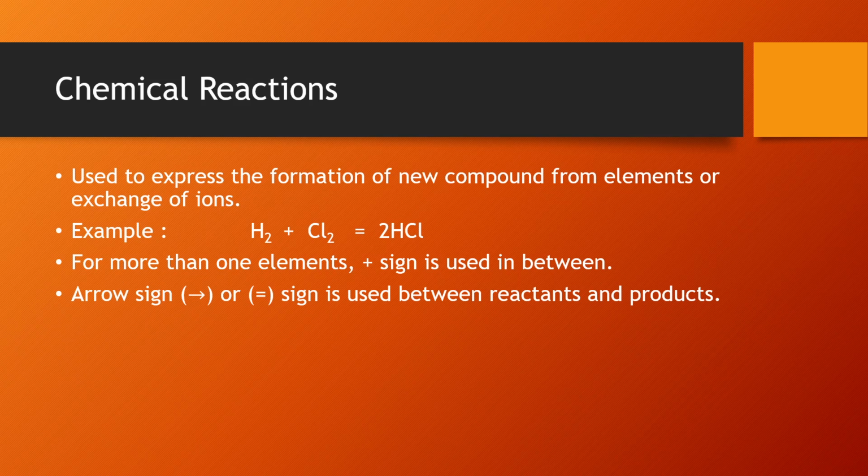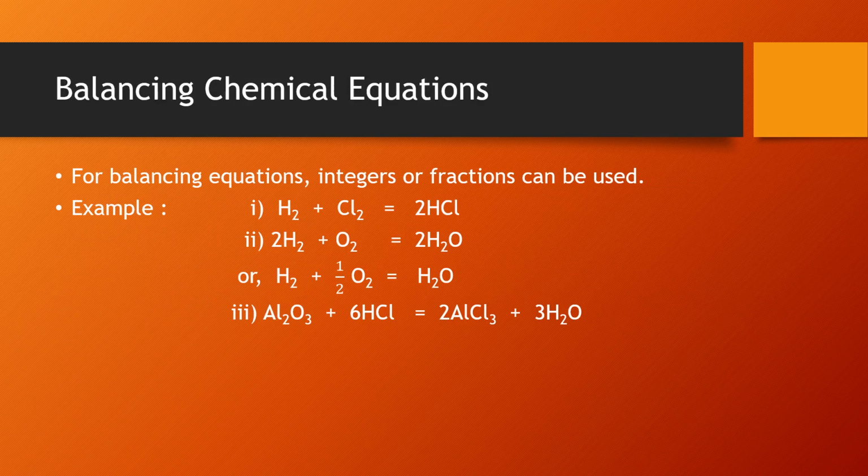This will be called a chemical reaction. In this example, we are seeing that hydrogen and chlorine are reacting together to form hydrogen chloride. For more than one substance, a plus sign will be used, and an arrow sign or equal sign will be used between reactants and products. So this is the fundamental knowledge here.